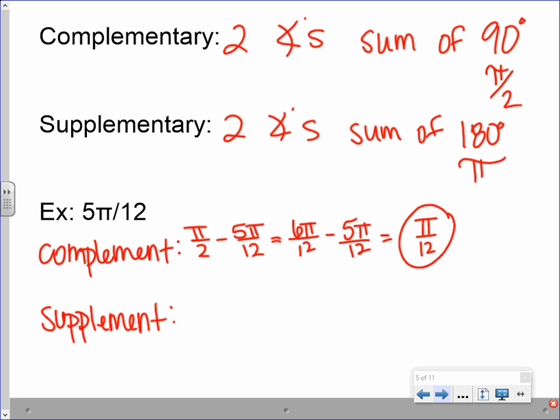Supplement means two angles are going to add up to pi. So to set that up, we're going to go through the same process. What is pi minus this angle?